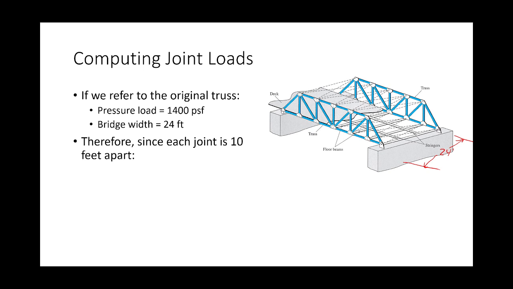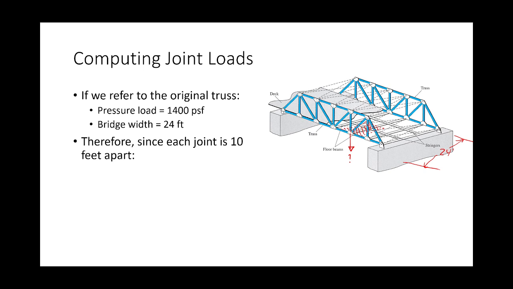Let's take this joint here. If we're trying to figure out how much load to apply to this joint, what do I think is the tributary area for this joint? I propose that the tributary area is halfway over to the next joint, halfway over to the next joint, and halfway to the next truss. That is the tributary area.